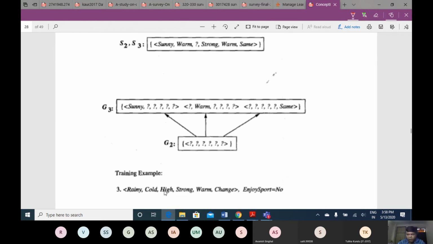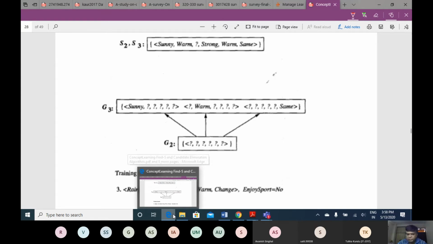So we want to find all possible most general hypotheses which do not include only this one, based on this case. So all possible hypotheses which lie between these two, and do not include this one, most general.